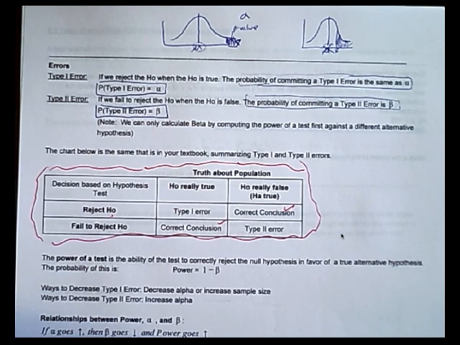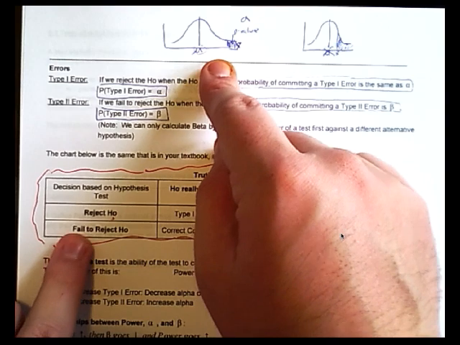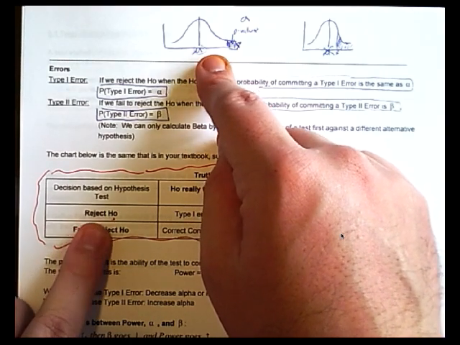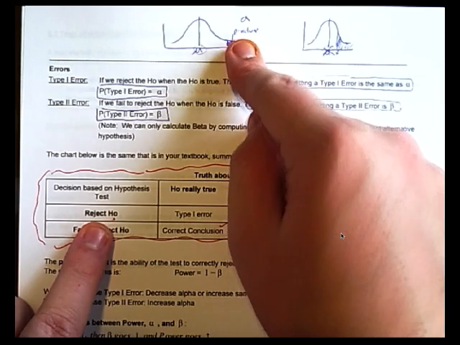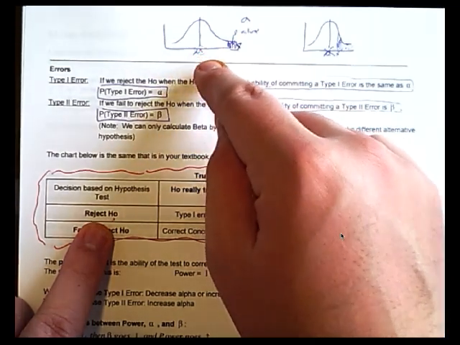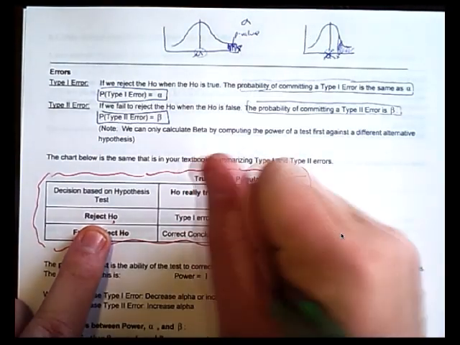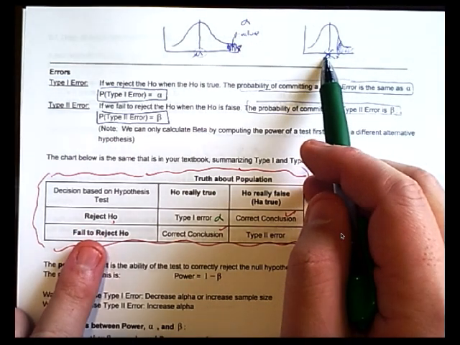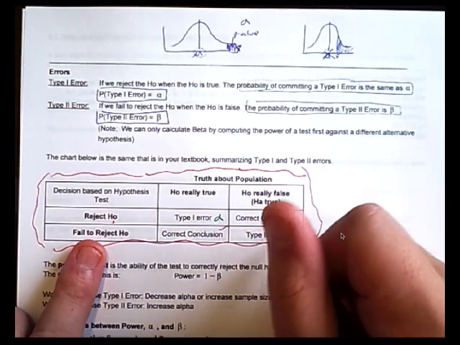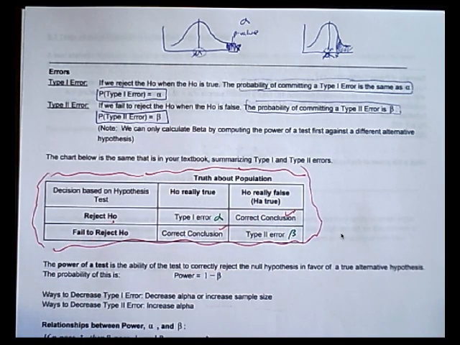Now, if I get a really extreme sample and I reject this, but it really is true, that's a type 1 error. And the probability that I make a type 1 error, I determine that because it's set by alpha. Now, if I fail to get rid of this when it's really false, that's a type 2 error. And the probability that I commit that type of error is beta.